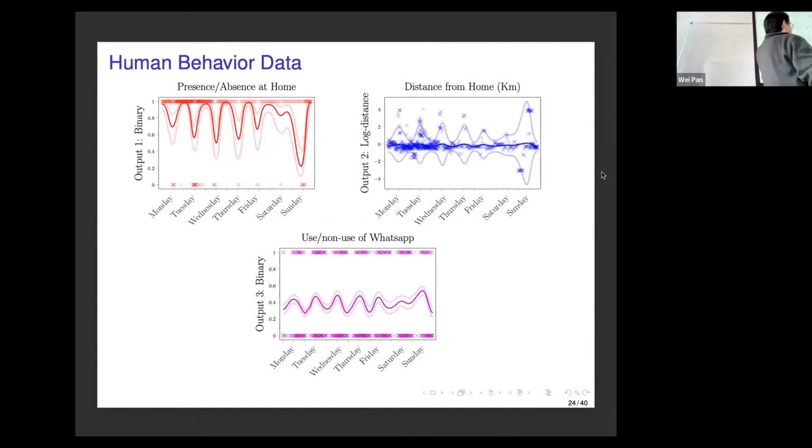So they had these smartphones and they had these variables that they were measuring. So they had lots of variables. We just look at these 3 variables. So one of them was a binary variable telling us whether the person was at home or not. This one was a distance from home, so it's a continuous variable. And this one was whether the person was using WhatsApp or not.